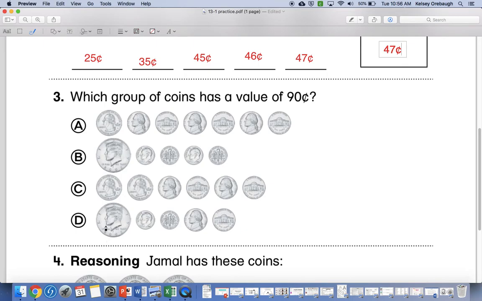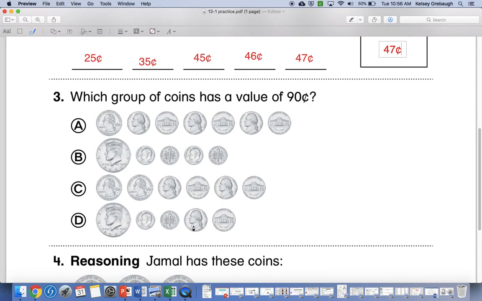D starts once again with a half dollar worth how much? 50 cents. Then we have 2 dimes worth 10 cents each. Then 2 nickels worth 5 cents each. Let's count. 50 plus 10 is 60. Plus 10 is 70.